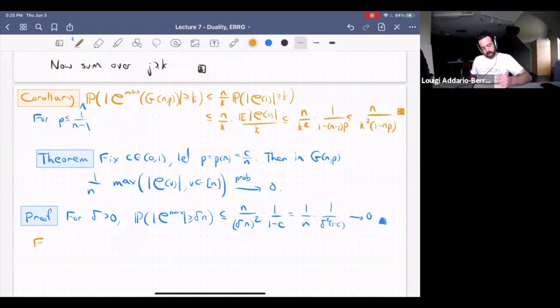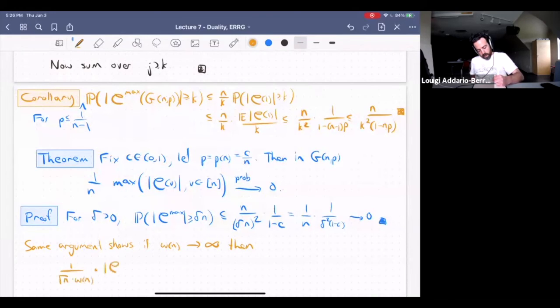The same argument shows that if omega n is some generic function tending to infinity as n tends to infinity, I'm going to use this notation a lot in the next couple lectures, then 1 over root n times omega n times the size of C max tends in probability to 0 as n tends to infinity.